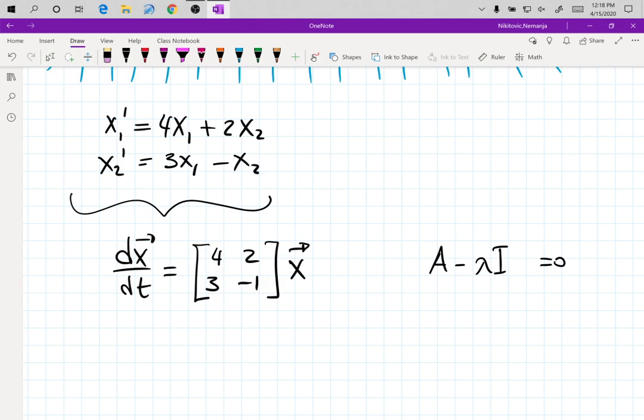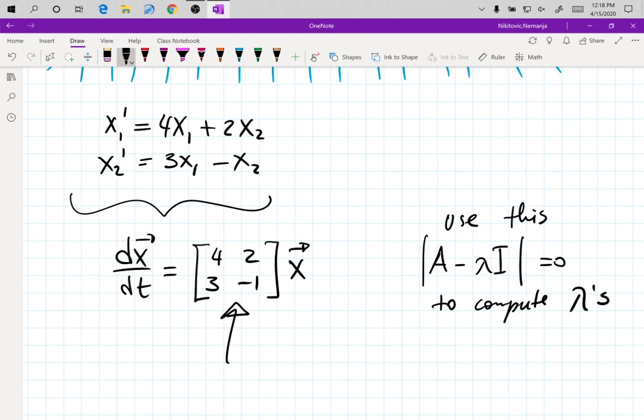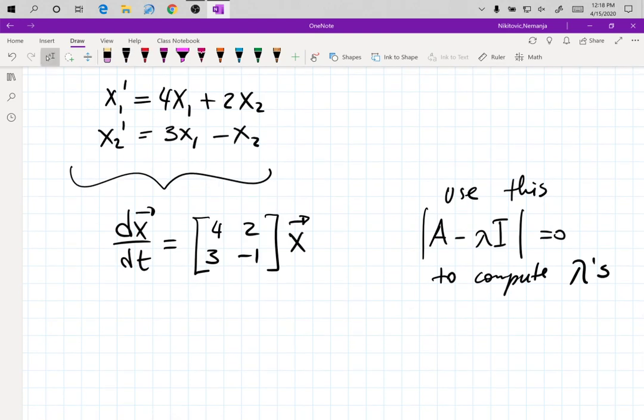In this parenthesis, I need the determinant, right? So use this to compute lambdas. Why lambdas? Because 2 by 2 will give you 2 lambdas, 3 by 3 will give you 3 lambdas, a 100 by 100 matrix will give you 100 lambdas. All right, so what do I have?